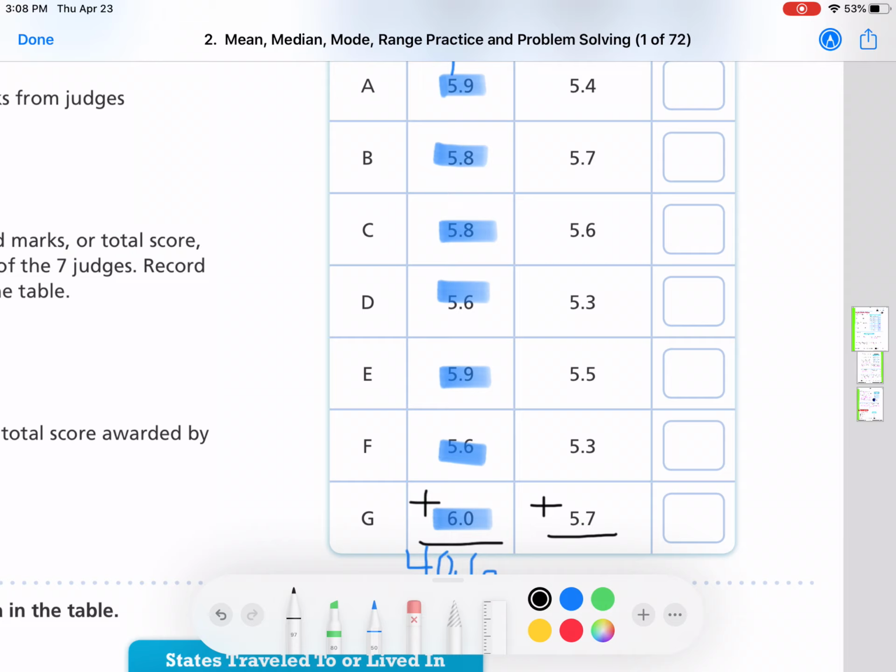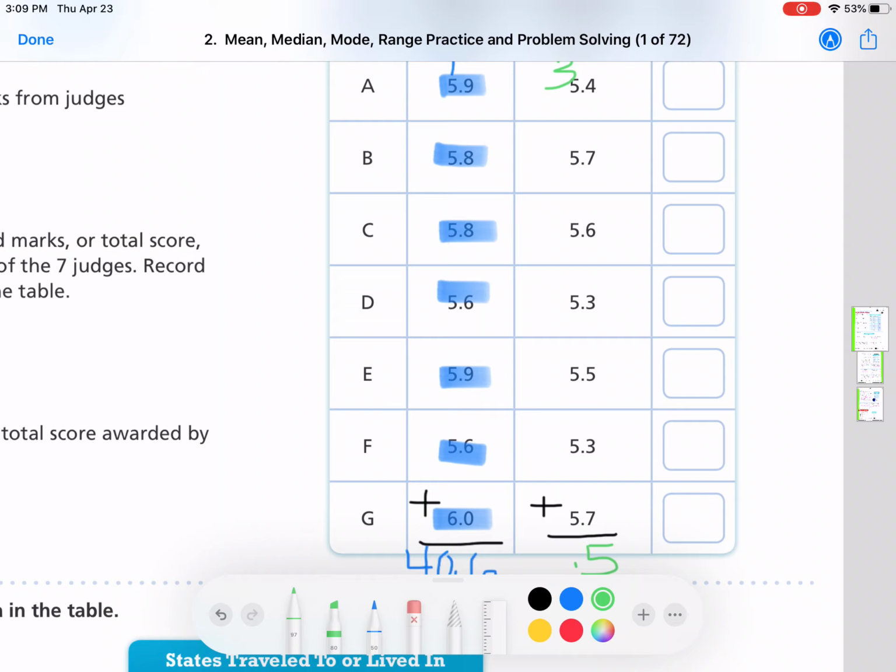So I'm going to do 4 plus 7, which gives me 11, plus 6, 17, plus 3, 20, plus 5, 25, plus 3, 28, and then plus 7 gives us 35. So we're going to have a 5 down here, and we're going to carry a 3. Bring down your decimal.